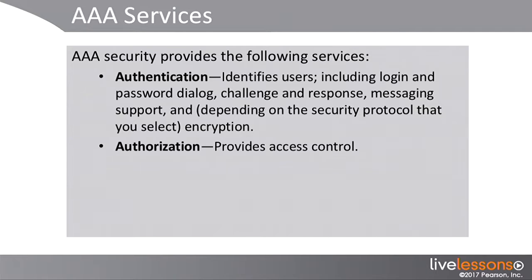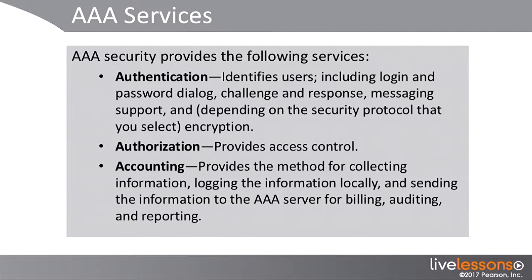Authorization actually provides the access control, or what we have access to on the device, for instance, based on what group you're in. A network admin may have more rights than a network operator, and AAA, through authorization, provides us that access control. Another important feature inside of a production data center is to be able to account for people's actions.